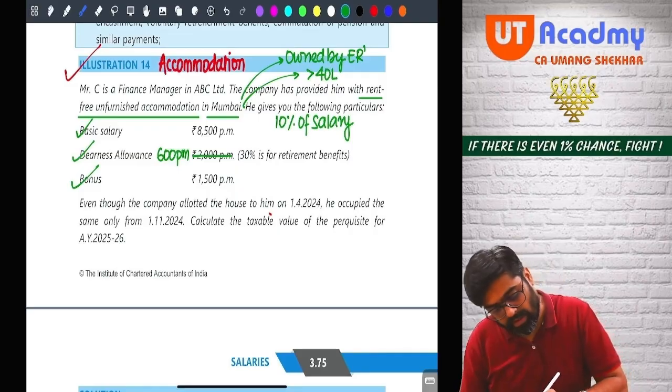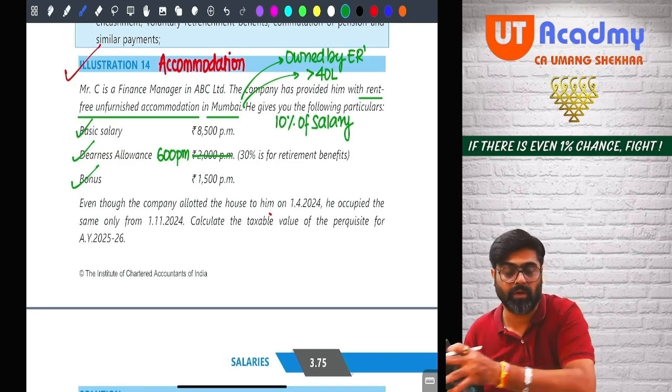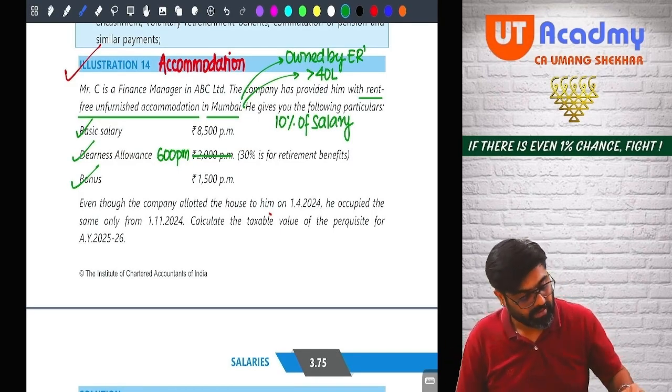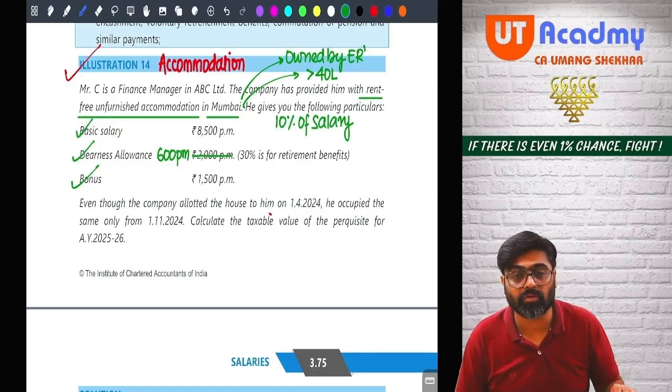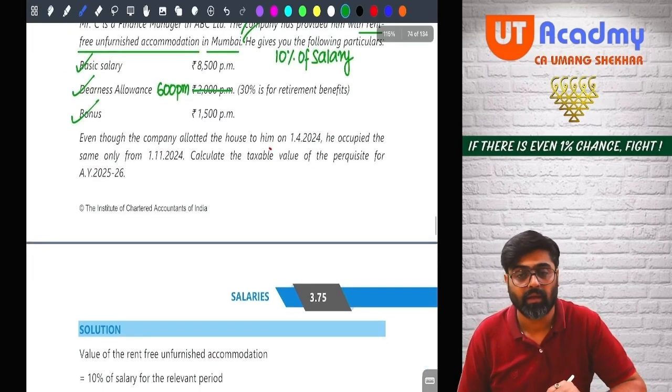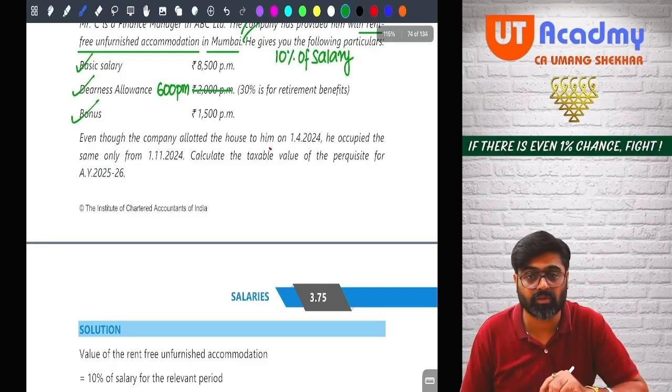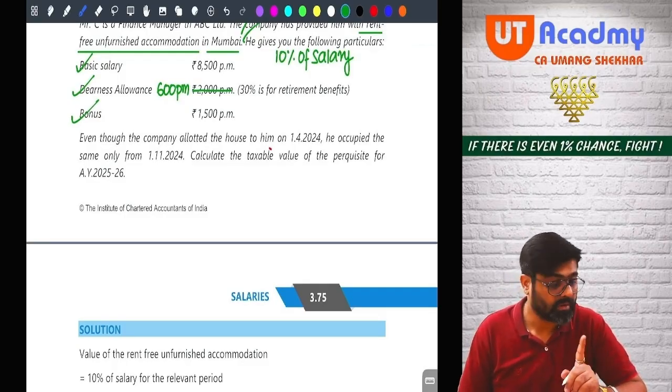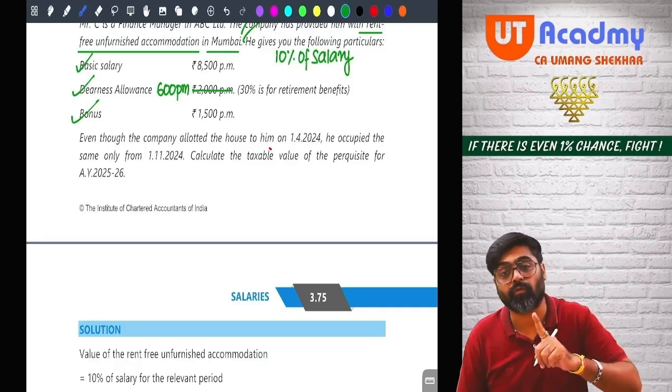So what will be there? 8,500 on your calculators, please. 8,500 plus 600 plus 1,500. These three amounts are 10,600. So can I say my salary per month is 10,600? And now 10,600 I have to take for 5 months.